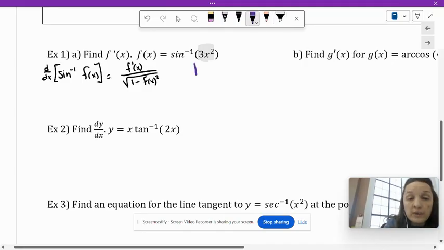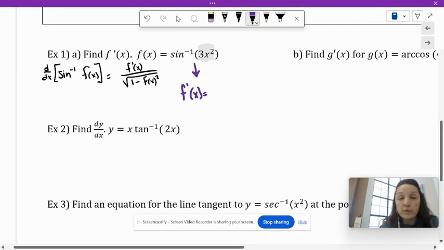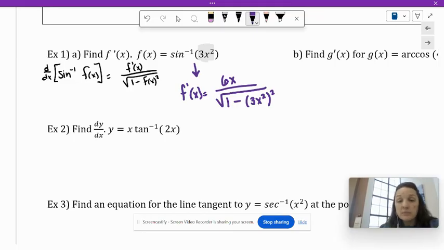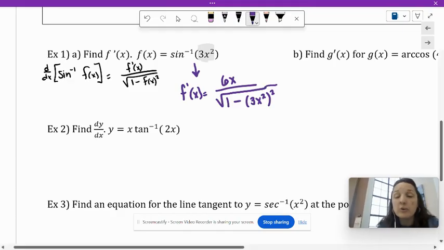So the derivative is going to be the derivative of the end, 6x, over the square root of 1 minus the end squared. That's it. Often we'll simplify, because we have so many squareds going on and it's hard to tell whether the squared is under the radical or over it. That squared is very much under the radical, and 3x squared squared becomes 9x to the 4th.